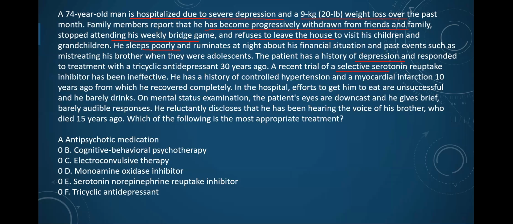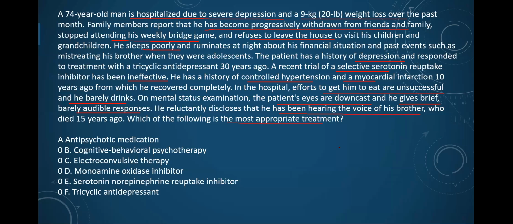A recent trial of SSRI was ineffective. History of hypertension and MI. In the hospital, efforts to get him to eat are unsuccessful and he barely drinks. On mental status examination, the patient's eyes are downcast. He gives brief, barely audible responses, and reluctantly discloses that he has been hearing the voice of his brother. What is the most appropriate treatment?